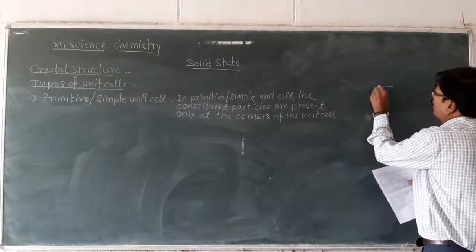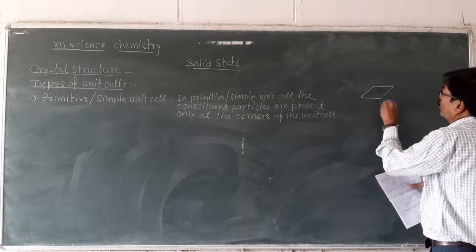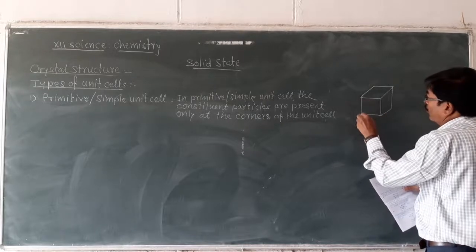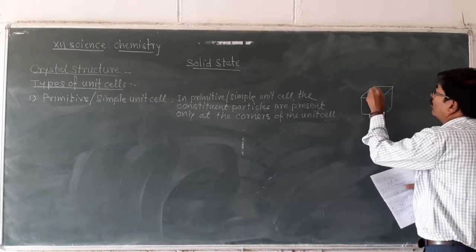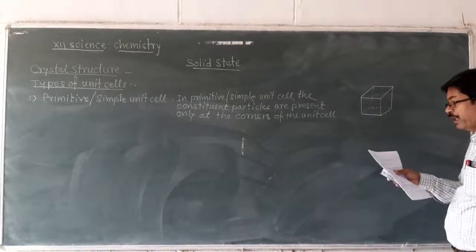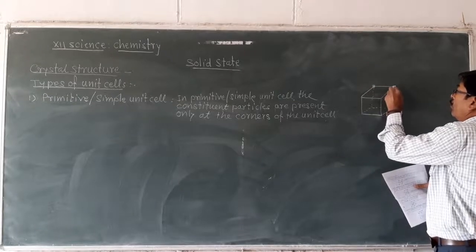For example, you can show a simple cubic unit cell. This is the unit cell and these are corners of the unit cell.